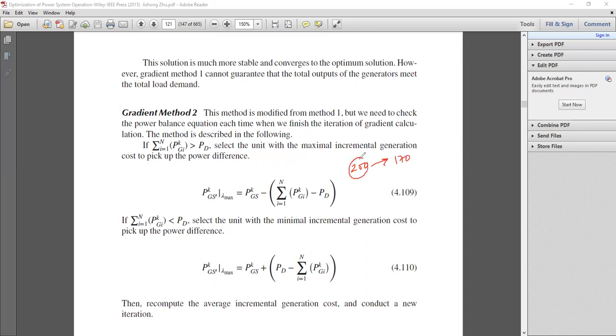So 200 is the old PGS at kth iteration, and 170 is the PGS dash at lambda max. This has to be calculated at lambda max, and you are reducing PGS k to get PGS prime k, or PGS dash k, using this formula. If you apply this formula, you will get a similar value to what I showed here.